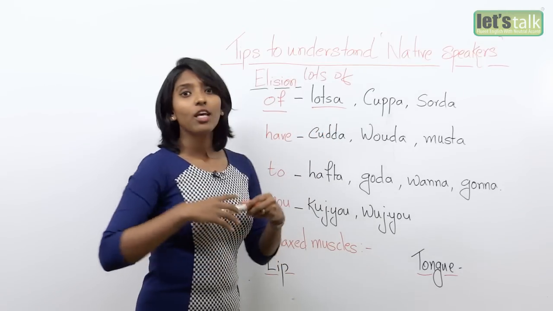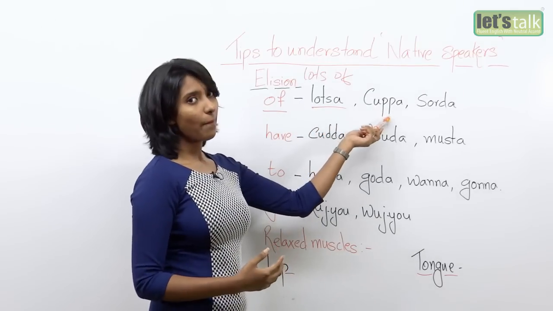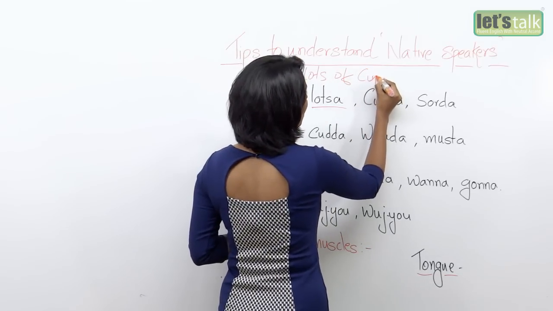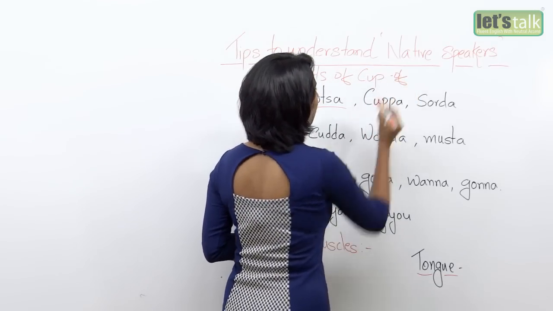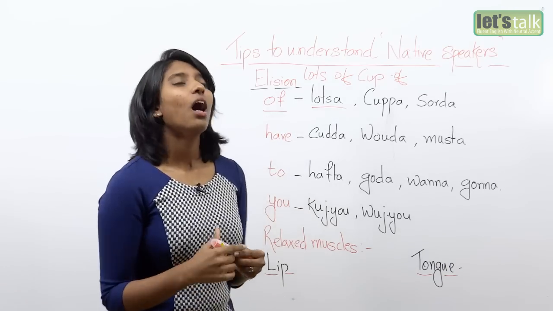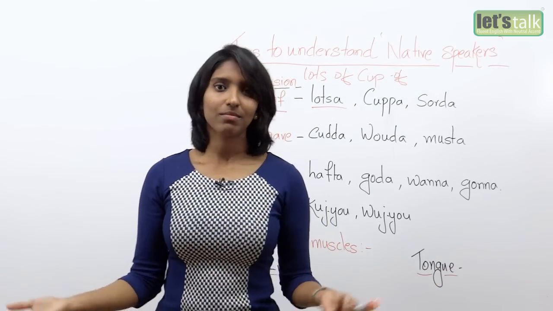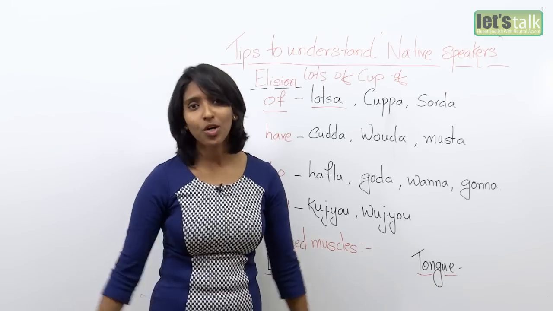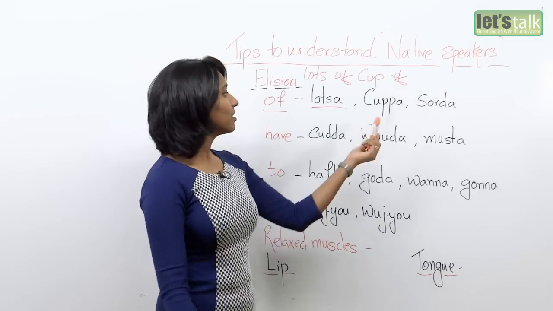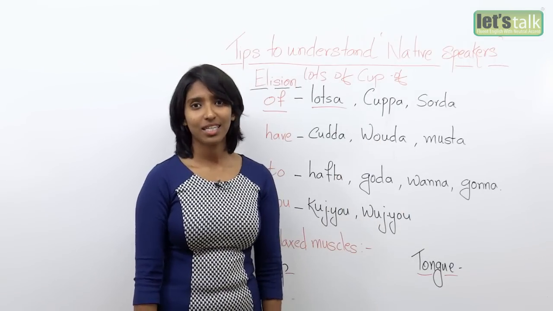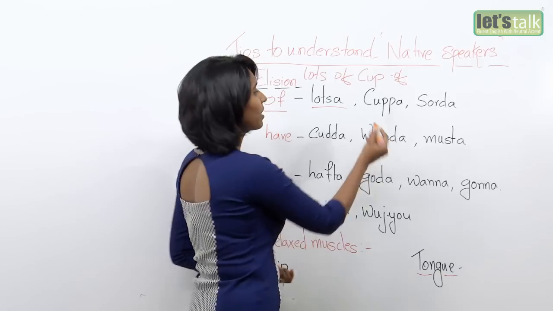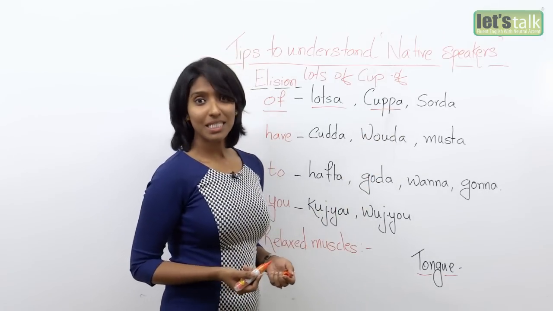Okay? You would hear the word cuppa. What do they mean? They actually mean cup of. They don't want to say, give me a cup of tea. No. They'll try to be very lazy because they know it all and the other person knows it all. So he's going to say, cuppa tea.